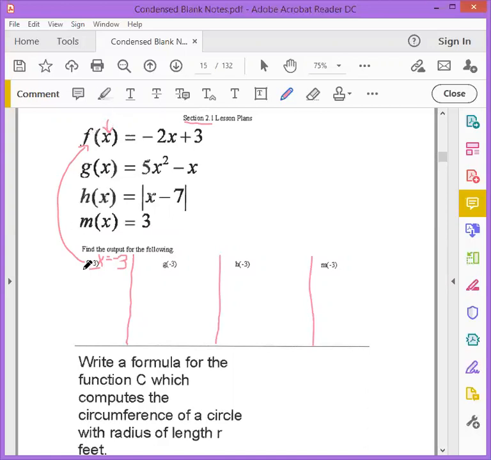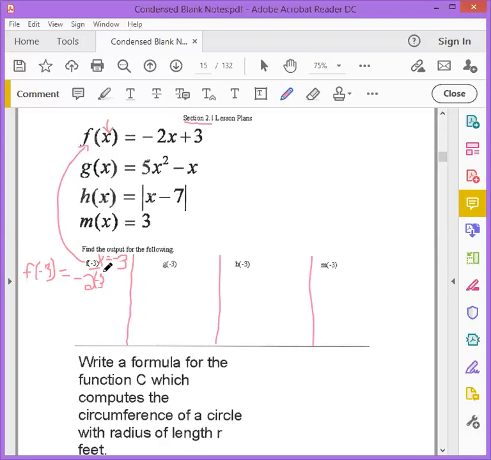So in our f function, for the first example, we're going to substitute -3 everywhere we see x. And that will become f of -3 equals -2x, but we're substituting -3 for x.